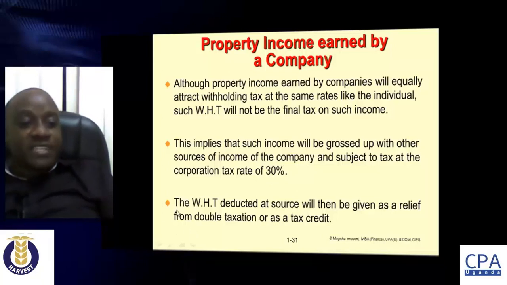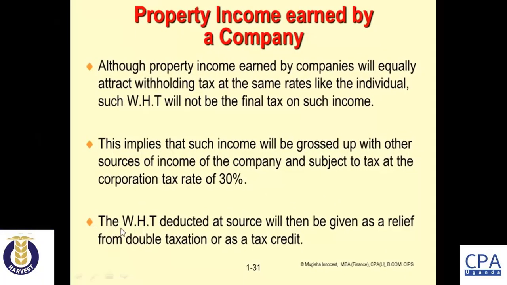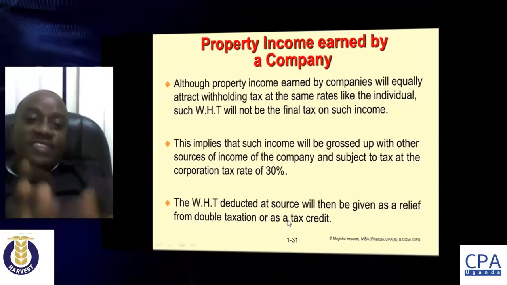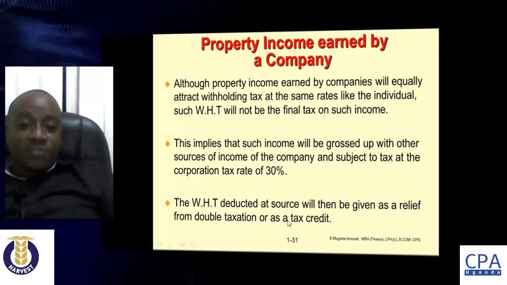However, in bullet number 3, things seem to be made easy for you. We are saying that the withholding tax deducted at source will then be given as a relief from double taxation, or as a tax credit. So this now makes things a little bit simpler and lighter for you as a company, because you'll be allowed to deduct the withholding tax you paid from the tax liability before you take the check to URA.